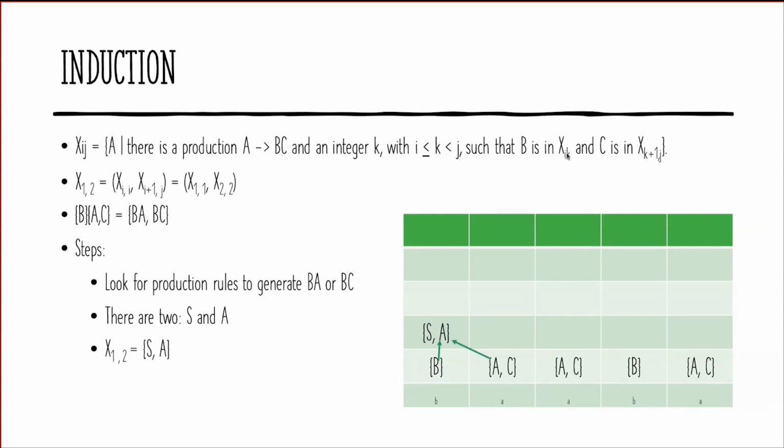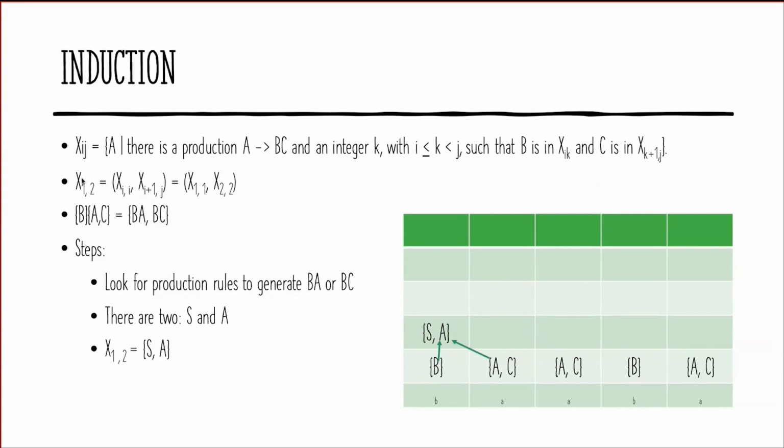Xik is definitely done already, as we are applying induction on the length of the substrings, and X(k+1),j is also definitely done already. Like this, we are doing it for X12. For X12 there is only one possible value of k, that is 1.